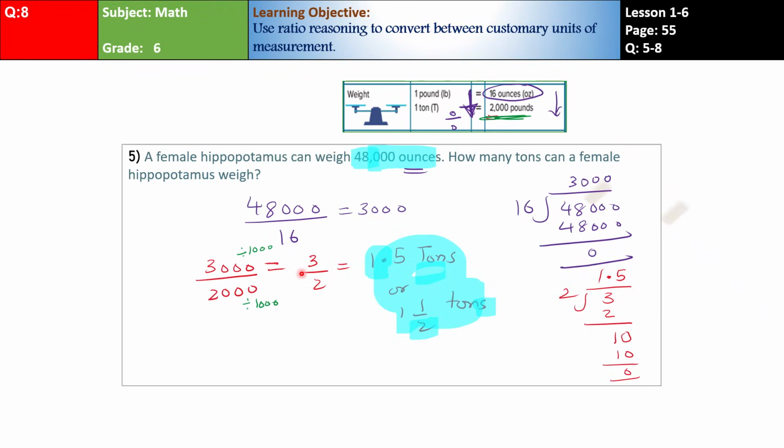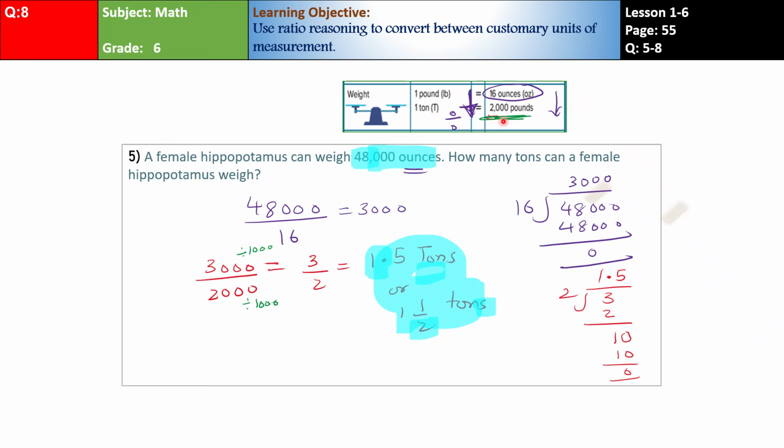Now this is the same question. As our video is getting so long, I just solved some questions before and we can just discuss. 48,000 divided by 16. First, if we go stepwise, we are starting from the upside because we are provided with ounces. 48,000 divided by 16. 48 divided by 16 is 3, so it is 3,000.